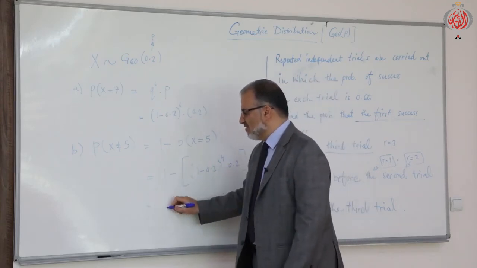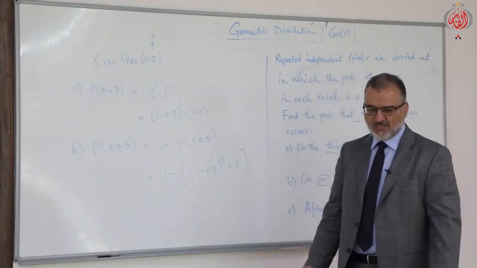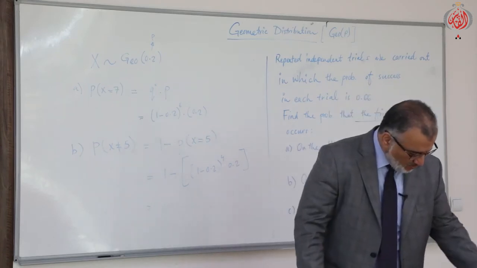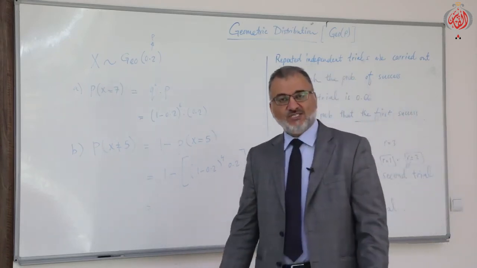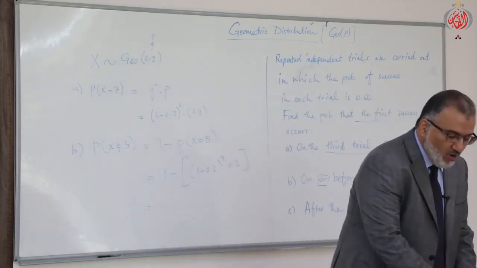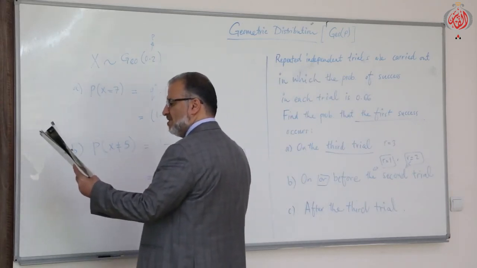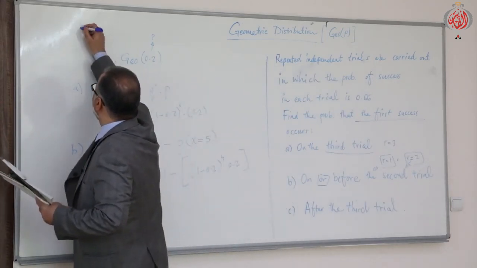Calculate 1 minus that and you will get the answer. Hopefully it is clear. You can go through the questions and solve them. I will give you homework about the geometric distribution, page 178.